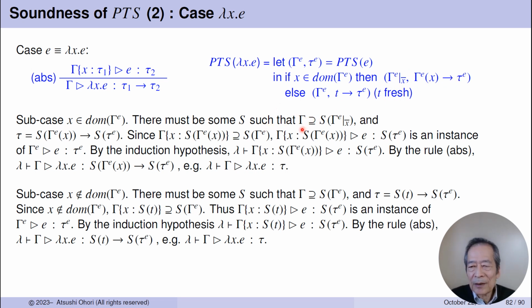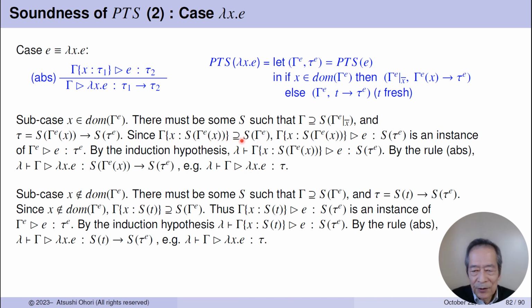Given instance gamma is a superset of some substitution S applied to this part, that is this one, and tau in the given instance is an application of S to this type. So this is the given assumption. But we generate gamma with this extension, this new type environment, and the type assigned to x is the same in this part and this part.